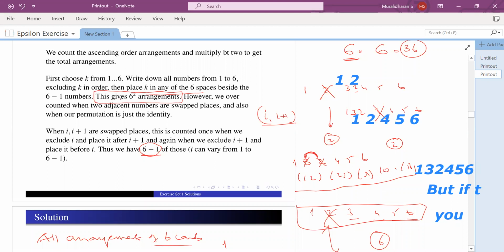So the number of arrangements will be 6 square. Okay, but that is the key. In this 36, how many times is the identity permutation counted? Because to come up with the arrangement, we follow this method. Because of the method, these things come in.